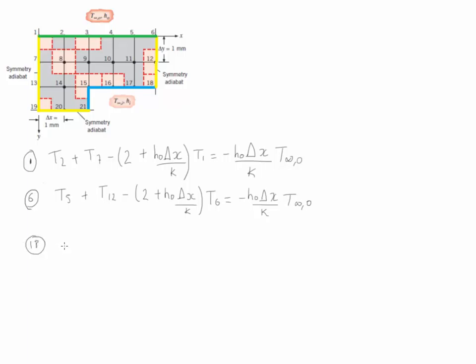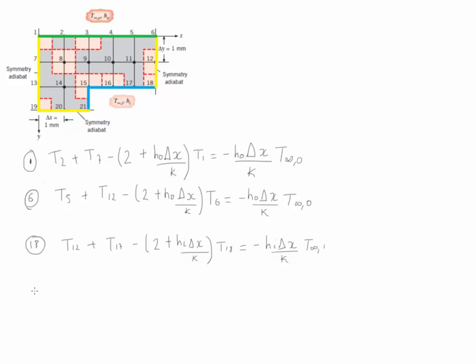The surrounding nodes are 12 and 17, so we simply say T12 plus T17. The structure is basically the same. Now it's simply hi for the inside: hi delta x over k times T18, equal to minus hi delta x over k times T infinity i.